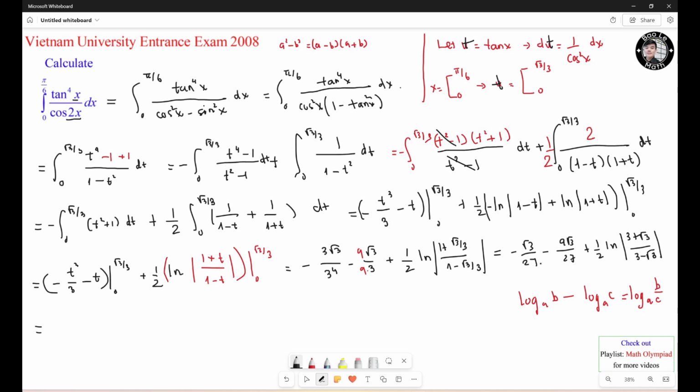This guy right here, the first two right here, it turns out to be negative 10 root 3 over 27. Now you look at the bottom right here, you have 3 minus root 3, so you multiply the top and bottom by 3 plus root 3.